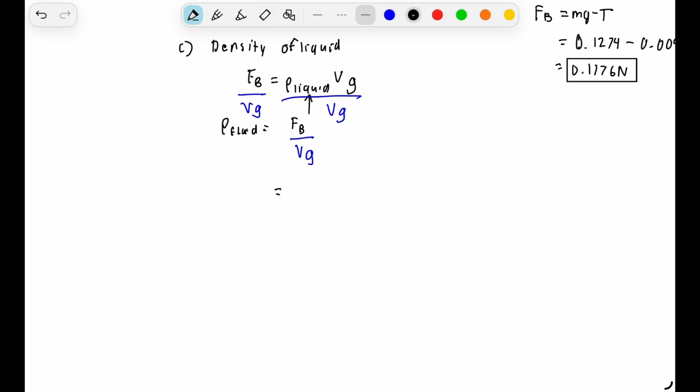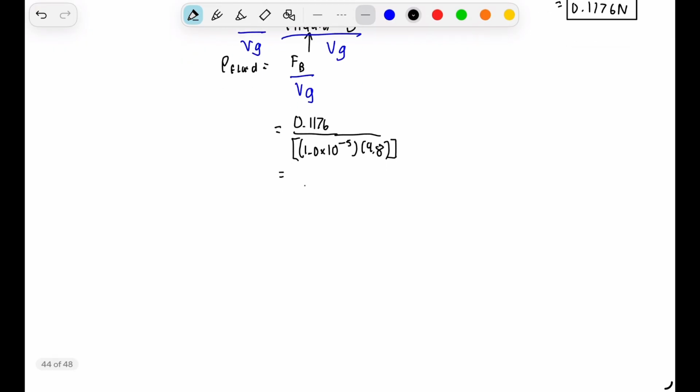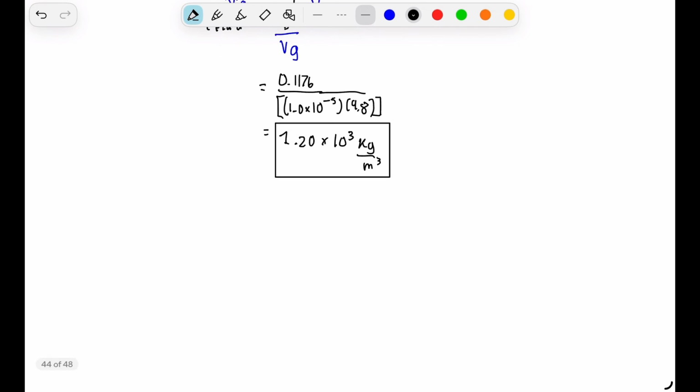Now all you do is substitute in your values. We have 0.1176, which we found earlier, divided by 1.0 times 10 to the power of -5, multiplied by g, 9.8. If you plug this into your calculator, you're going to get 1.2 times 10 to the power of 3 kilograms per meter cubed. So that is the density of the liquid.